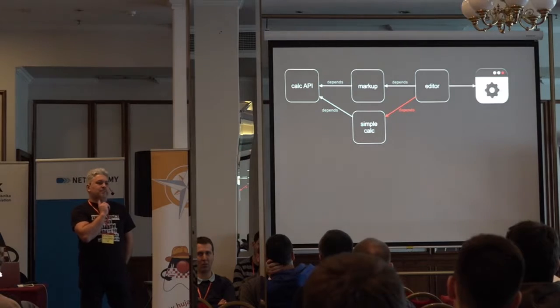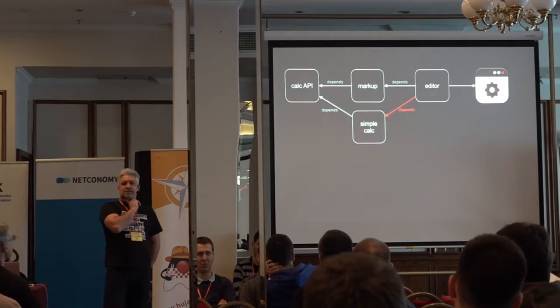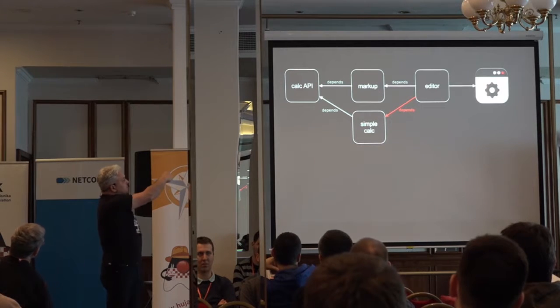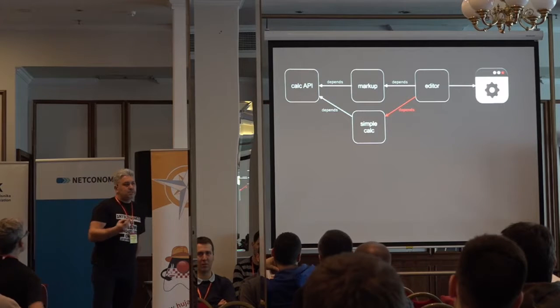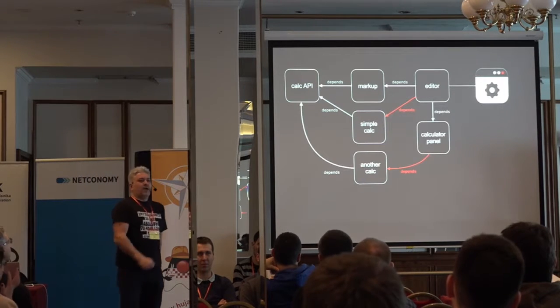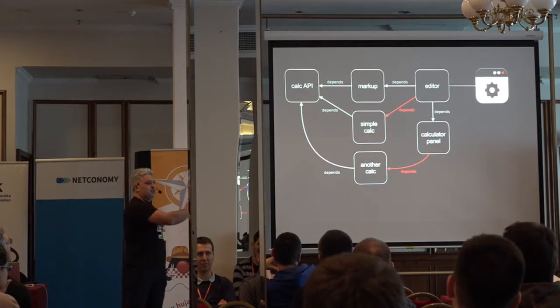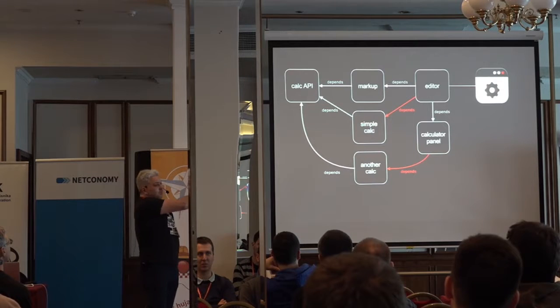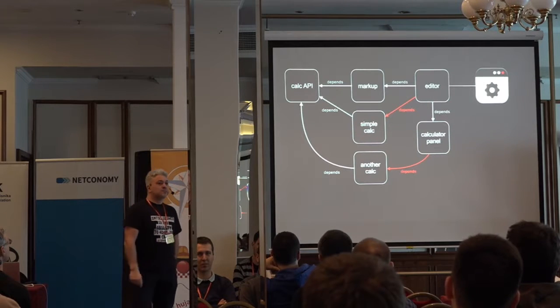Maybe this way. How many of you would fix it this way? Yeah, that would fix the thing. Well, we have the editor, it needs markup, and it needs an implementation of the calculator, so it seems reasonable. Okay, but then you extend your editor with another editor extension that does some calculation, and then it depends on another calculator.